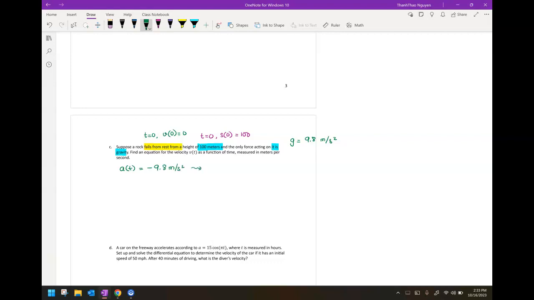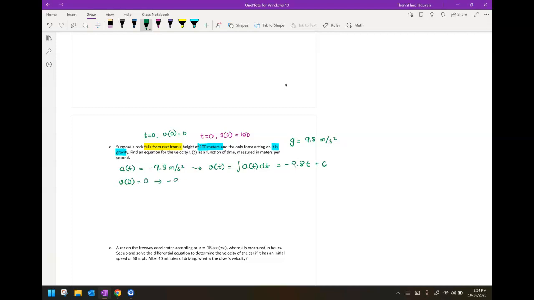The velocity is the integral of a of t with respect to t. This means the velocity function is negative 9.8 t plus c, where c is the initial velocity. So we were told that v of 0 equals 0.